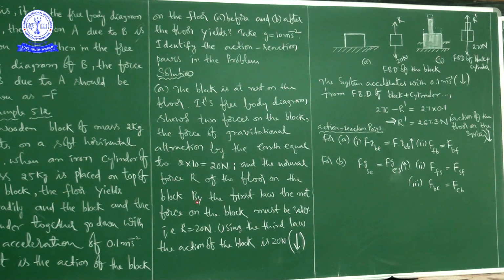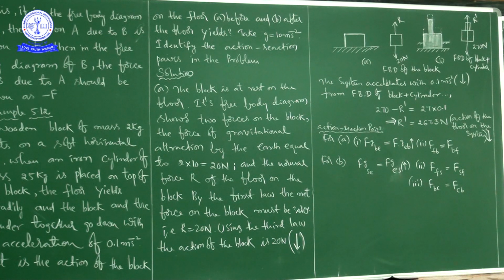Normal force R of the floor on the block. By the first law, the net force on the block must be 0 because the block is at rest now. It is not going down, it is not going up.